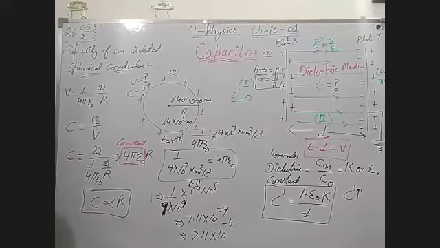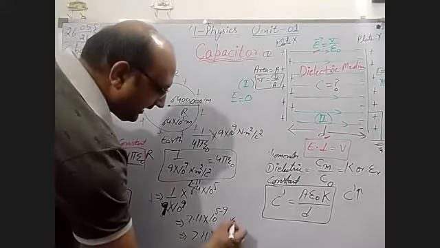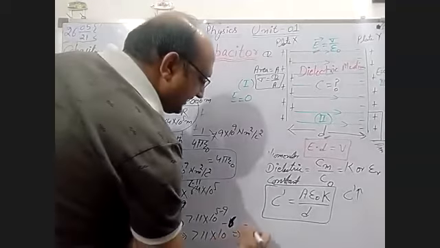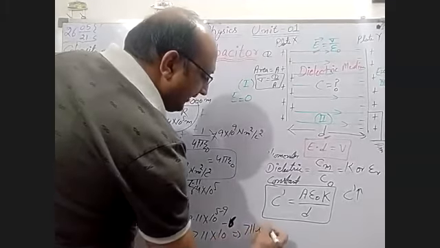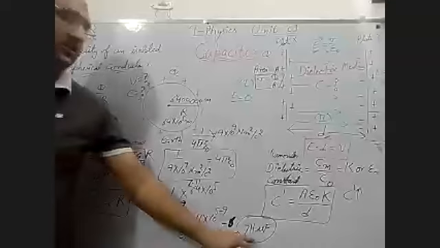Now remove this point and increase its power by 6. Then we can write this thing as 711 microfarad. Okay, capacitance of Earth. You can remember this thing also because for Earth this value is constant.